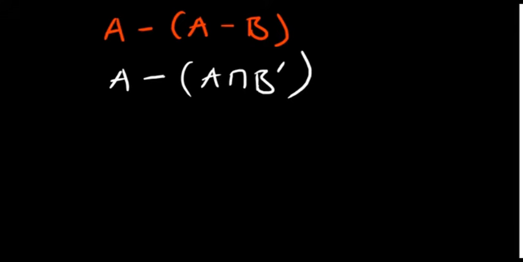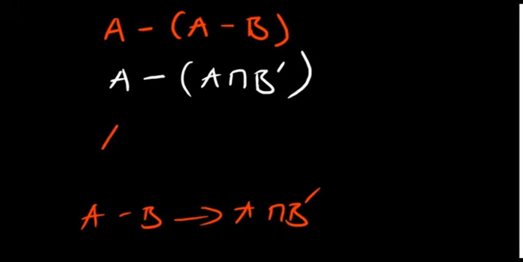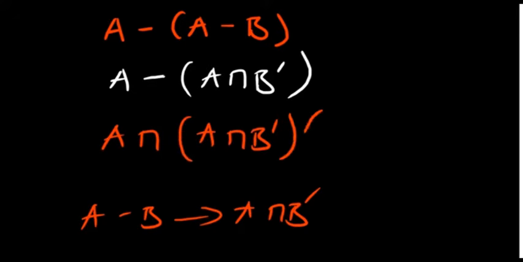To do away with the minus, it's going to be A intersection, and whatever is in the brackets is going to have a complement outside. We've applied the same law that is applying to what is down there.